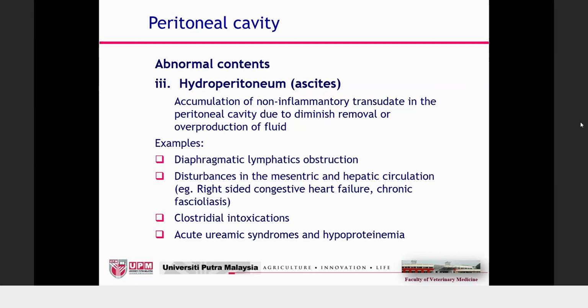Reduction in protein leads to reduction in blood osmotic pressure, which is why fluid accumulates, in this case in the abdominal cavity. But in cases of hypoproteinemia, another common site is actually the lung, the most common site because of the spongy nature of the organ. Any questions so far?